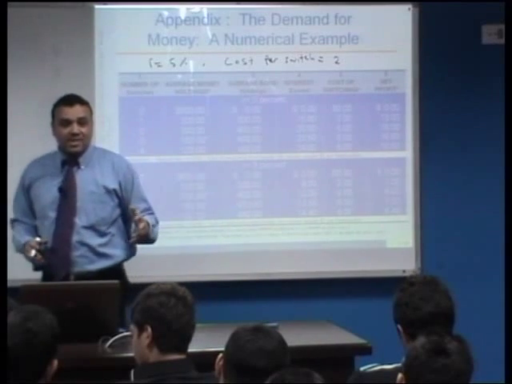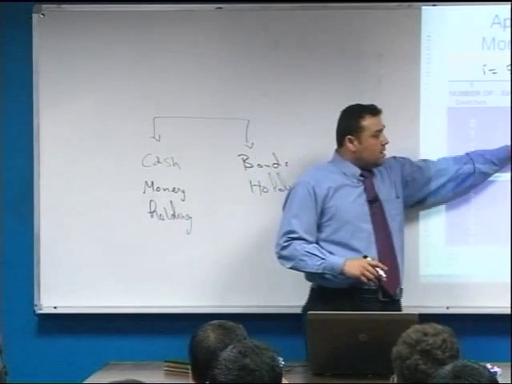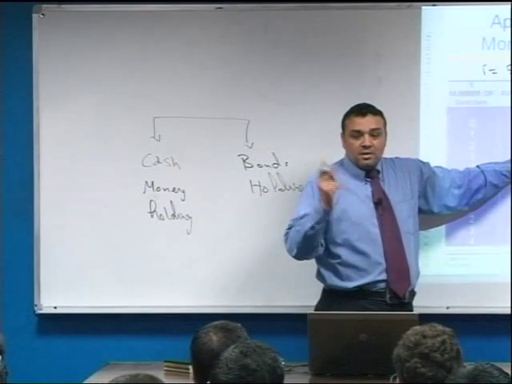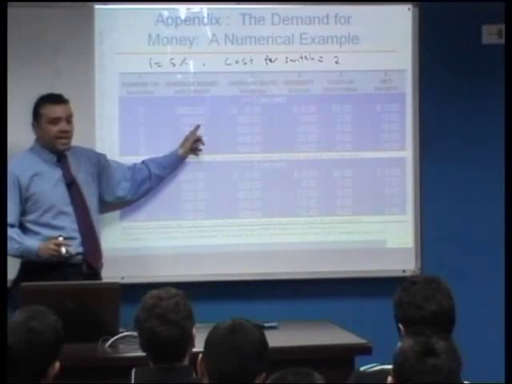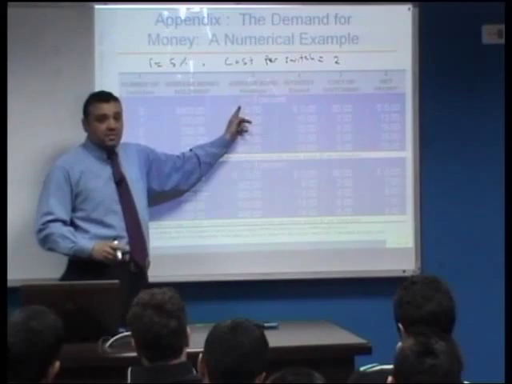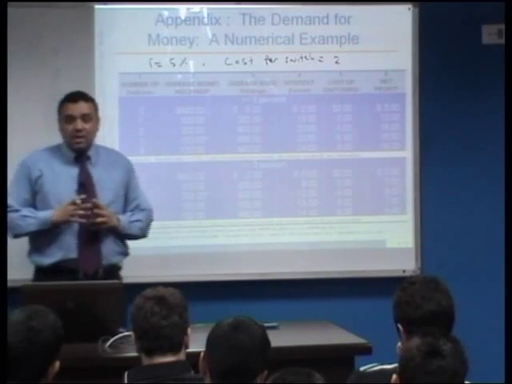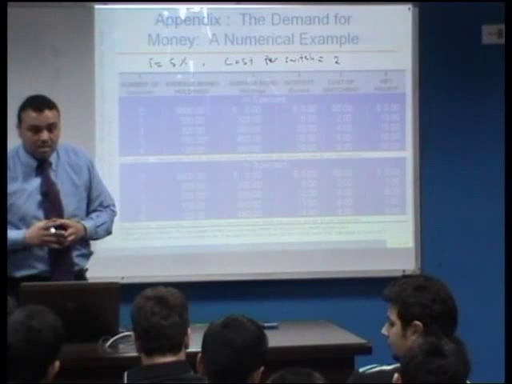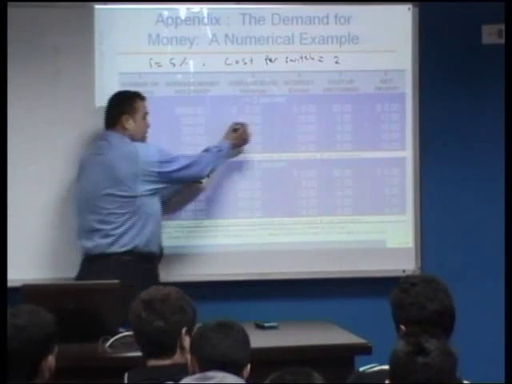But let us suppose that the household decided to divide his income into two parts: $300 as cash money, and the remaining $300 to buy bonds. In this case, they will receive interest of 5% of 300.